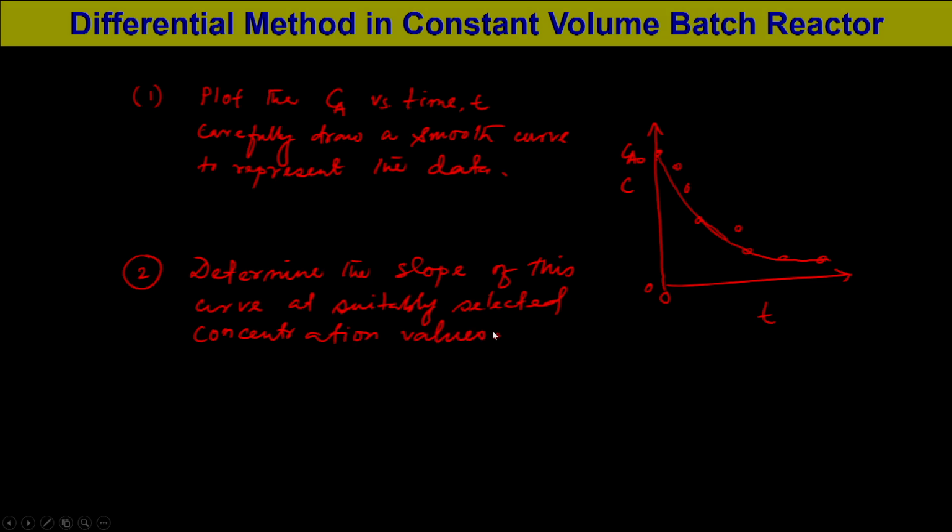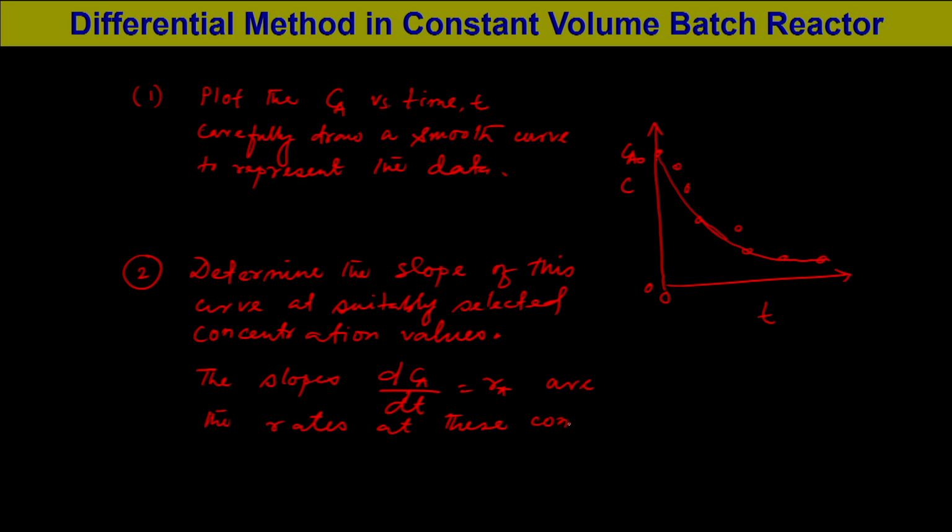Then the slopes, which is dCA/dt equal to RA, are the rates at this composition.